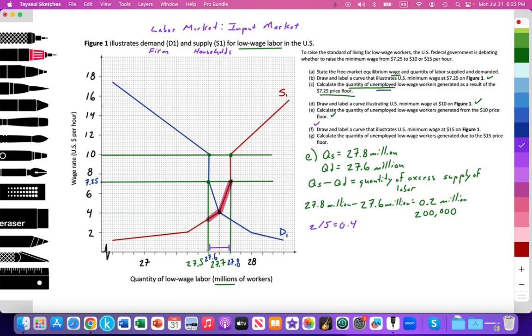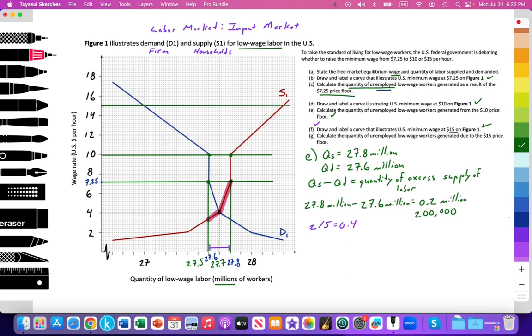So 15 is right around here. So I'll just mark that. We're going to go ahead and draw that price floor. So here's $15 an hour, more or less. Right about here, approximately. There we go. So we've drawn our $15 price floor, finished, accomplished.